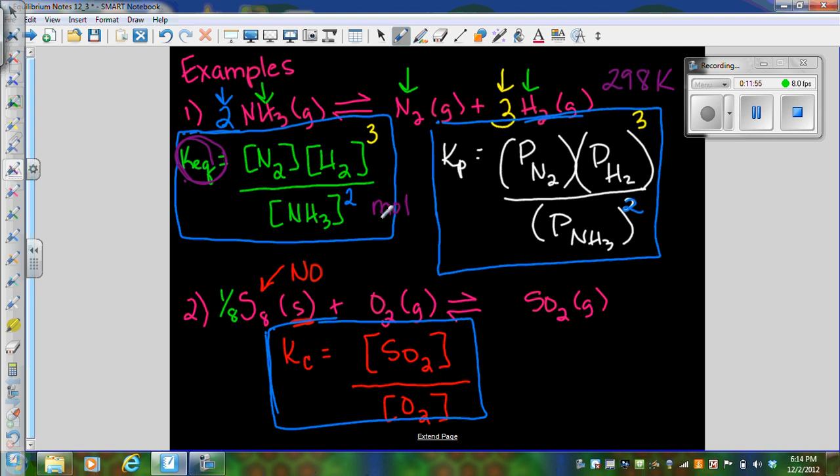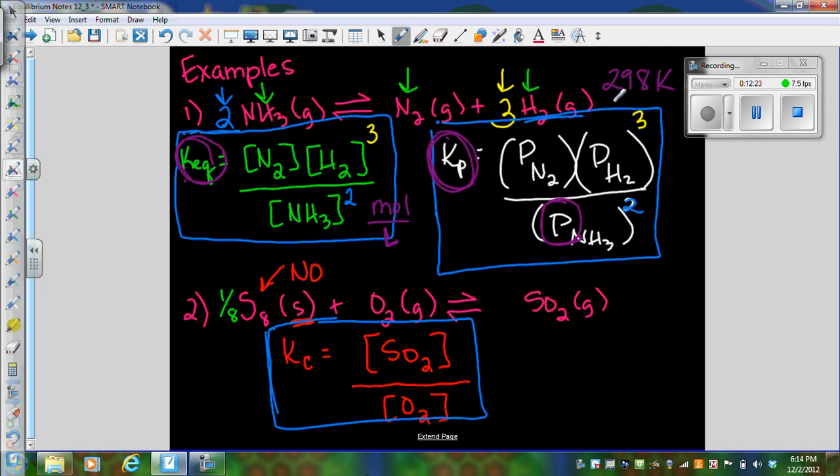Concentrations are really moles per unit volume, and volume is affected by changes in temperature. So if volume changes, then naturally our equilibrium constant is going to change. Same thing with pressures. Temperature affects pressure. So if our pressures change, then our equilibrium constant for pressures will change as well.